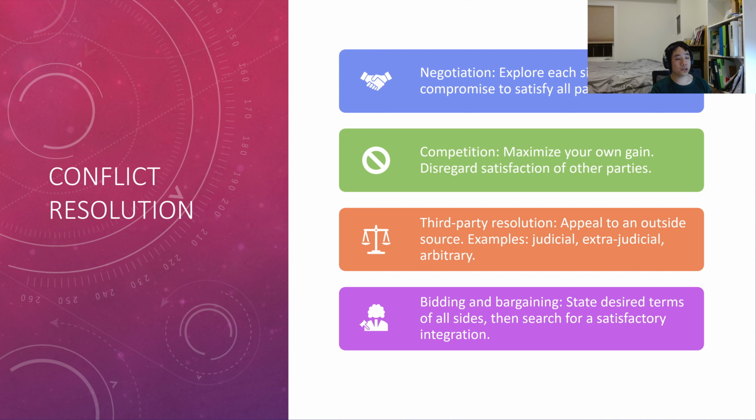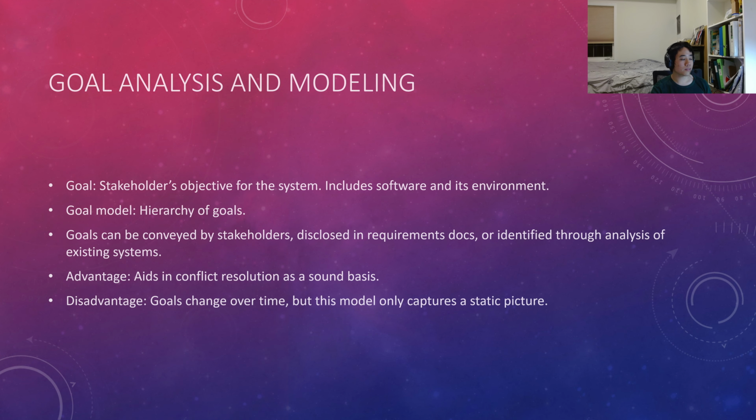And finally, we can do bidding and bargaining, which means you list out the terms that all sides want, and then we can search for a way to satisfy all parties through some kind of integration. So that is resolving conflicts.